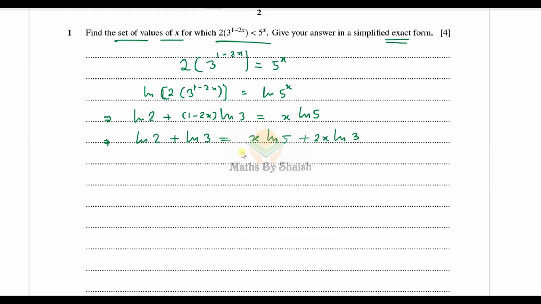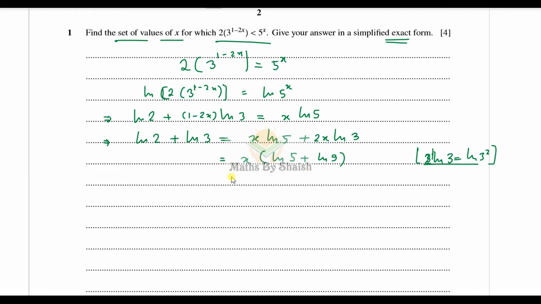And now we'll take x common, we'll be left with ln 5 plus 2 ln 3, so I can write it as ln 3 squared, that is ln 9. Since 2 ln 3 will be ln 3 squared by the property of log.